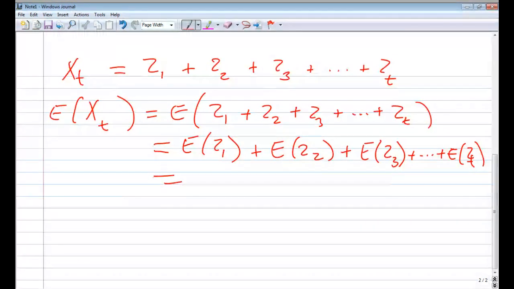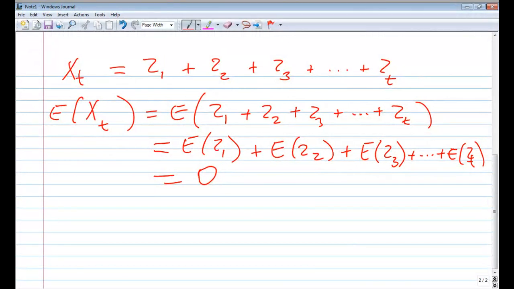Also 0. So all of them are 0. So the expected value of Xt now is what? Is 0, which doesn't depend on t. So therefore, we can continue and calculate the variance of Xt, to check whether indeed it's going to be.